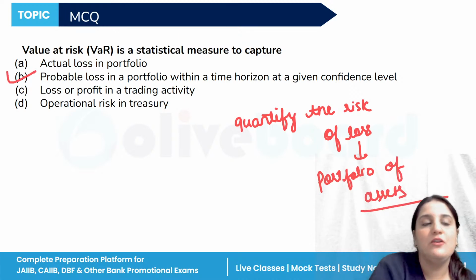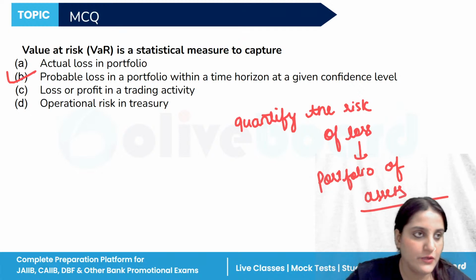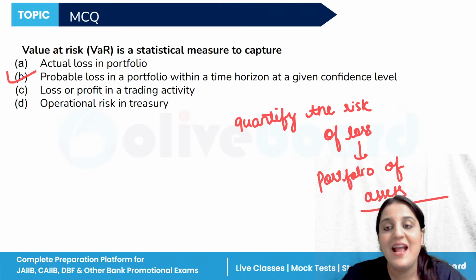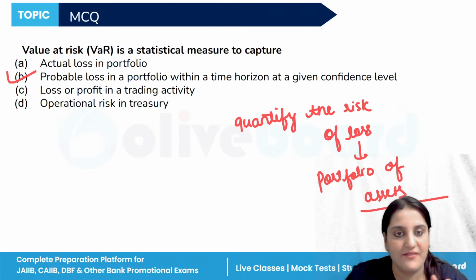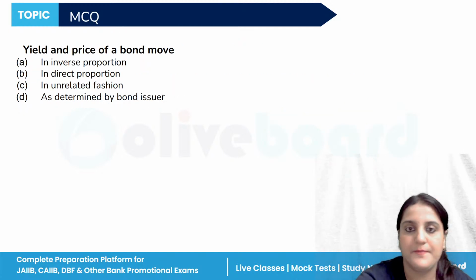So it is the probable loss in a portfolio within a time horizon at a given confidence level. So option B is correct here.